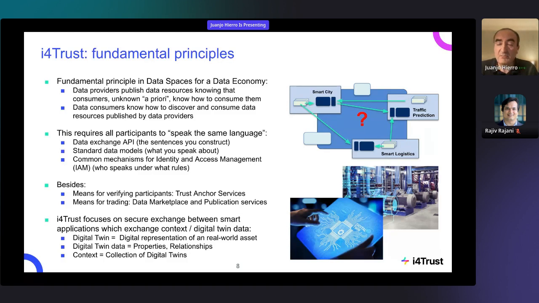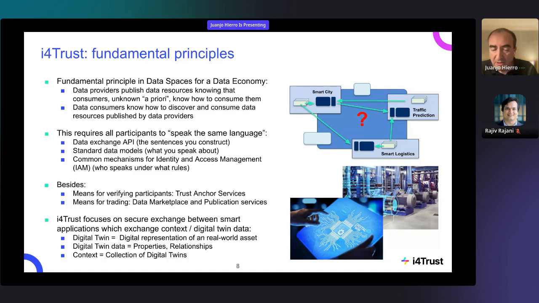Besides that, it's important to incorporate, as part of the global services linked to a given data space, means for verifying participants. That is what we refer to as trust anchor services, and means for trading services.